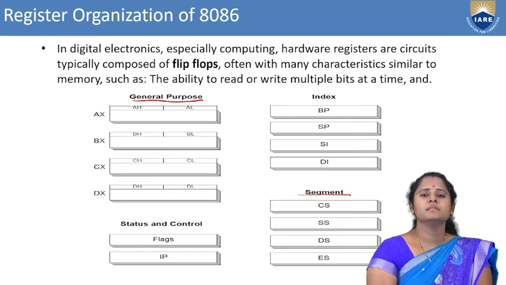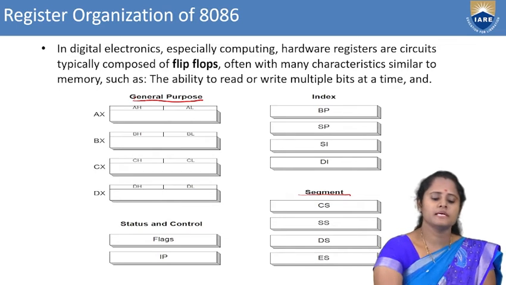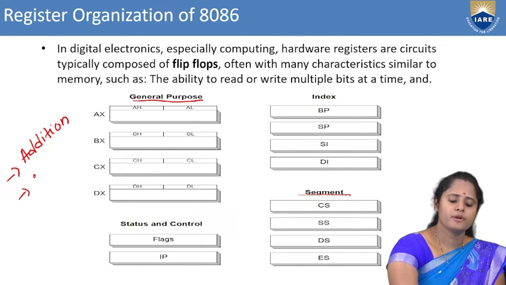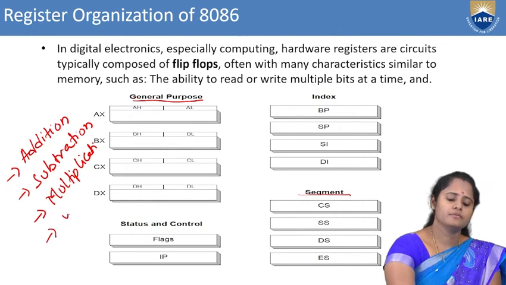The name itself says general purpose. General means the basic operations which I am manipulating or executing in my microprocessor. What are the main operations? The simple operations you always go for are addition, subtraction, multiplication, and division.